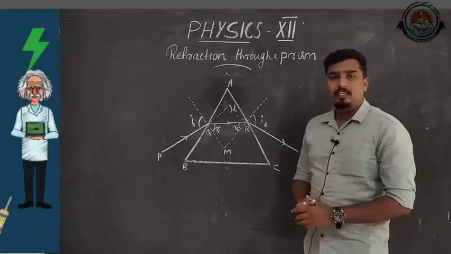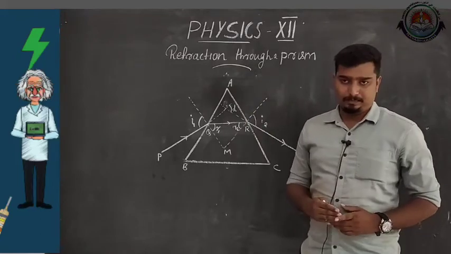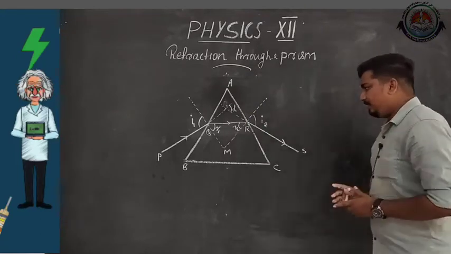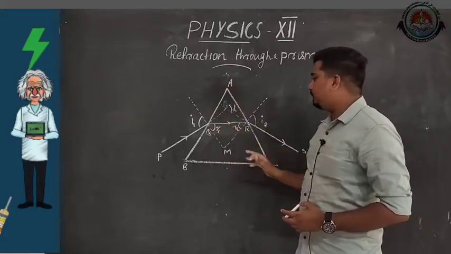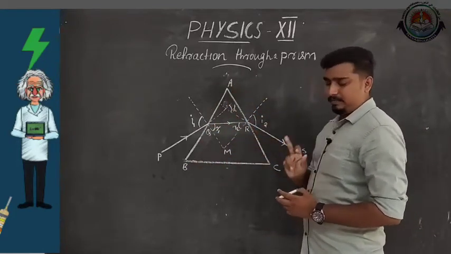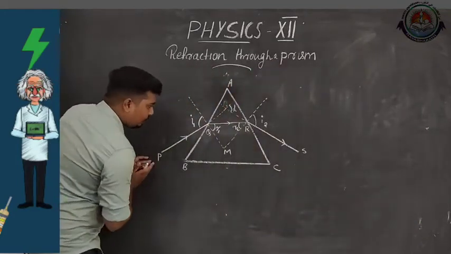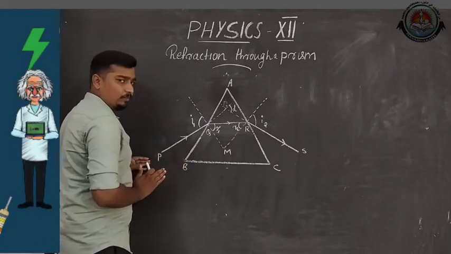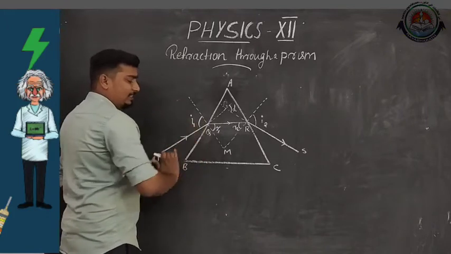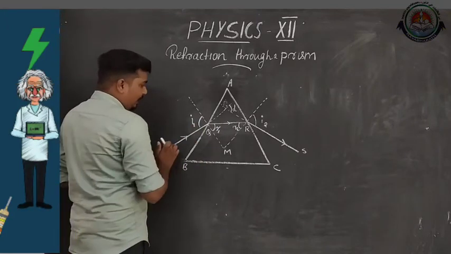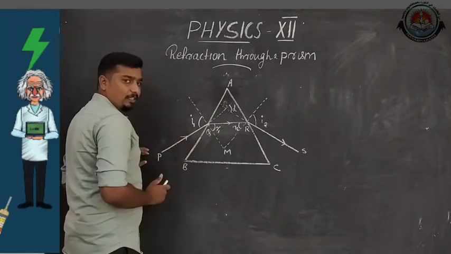Next we are going to discuss the refraction through a prism. Let us consider a prism ABC, and a light enters this prism, that is PQ. This PQ is our incident light, which is incident on this inclined surface.